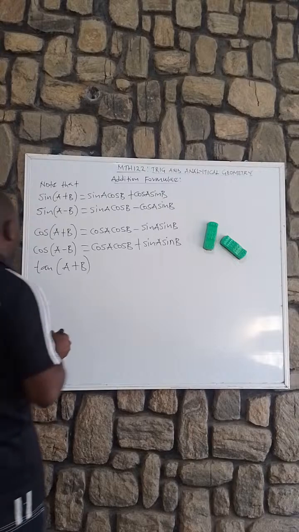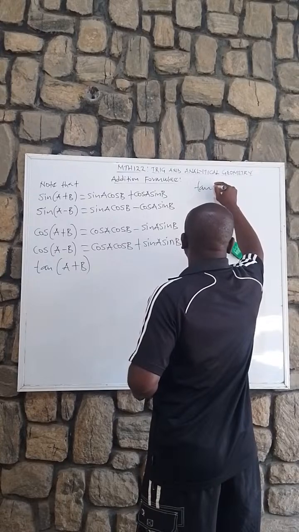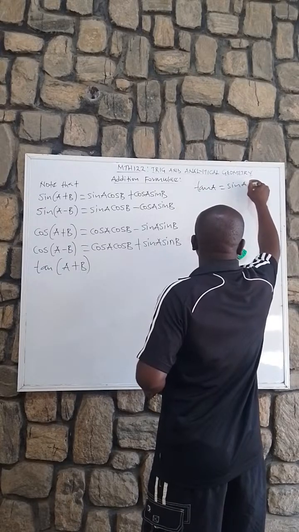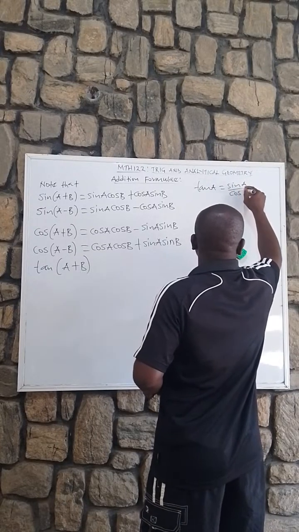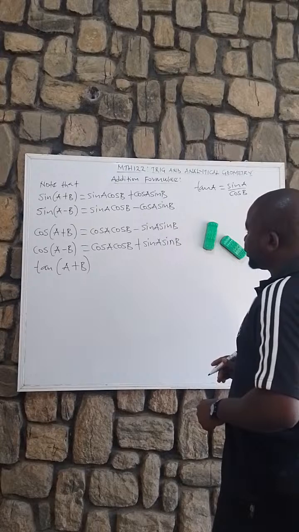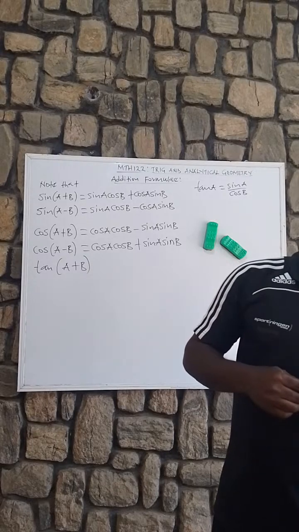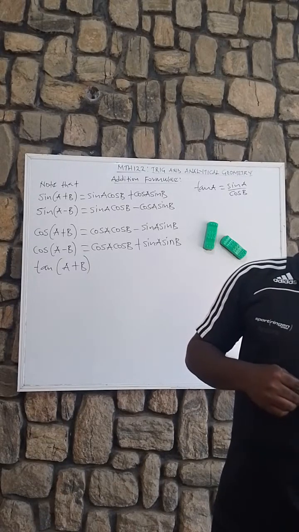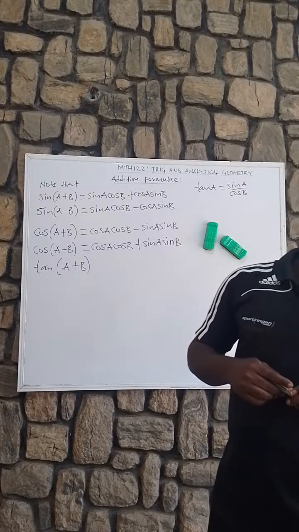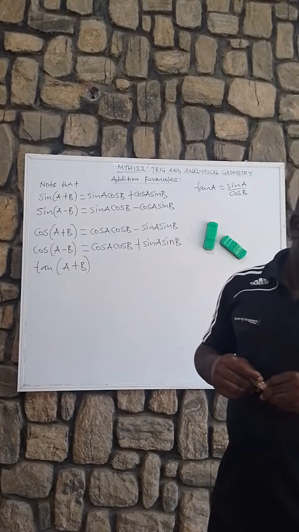You know that tan theta or A is equal to sine A all over cos A, right? True or false? It is true, right?